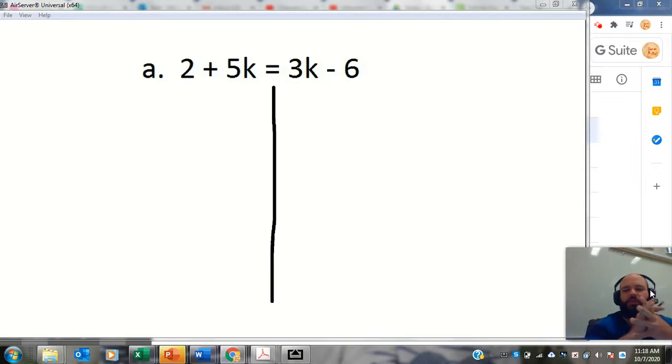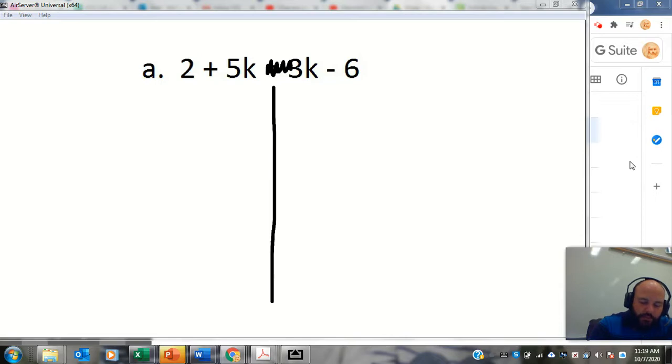When you get into these multi-step equations that have variables on both sides, you want to look at each side individually and determine whether there's anything that you need to do to simplify. A preview of what's coming down the road is that you'll have distributive property to do and things to clean up on each side individually.